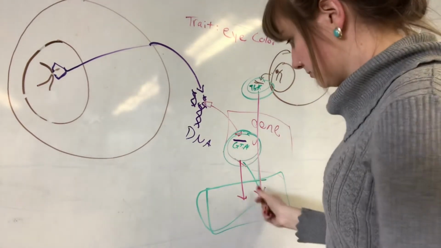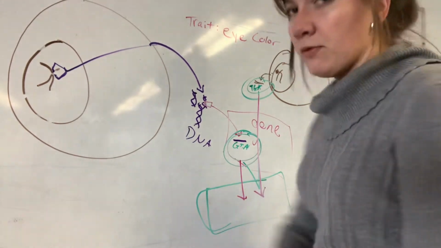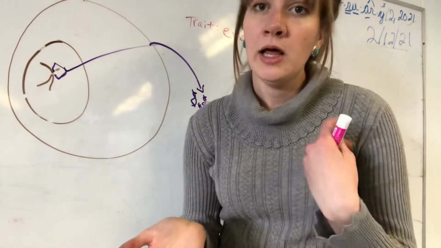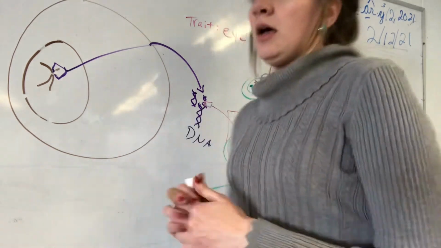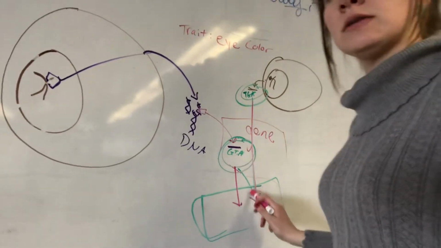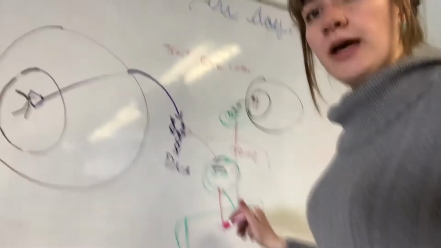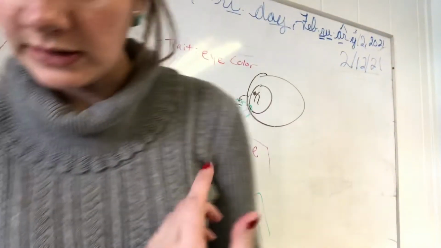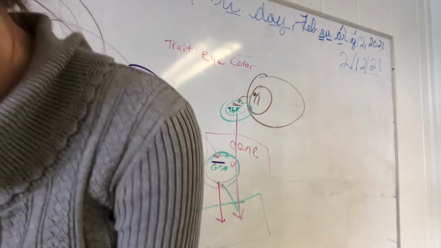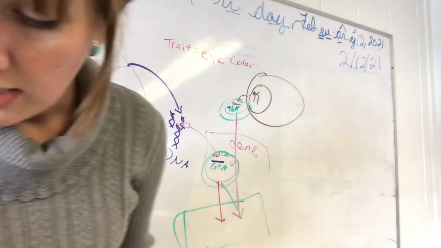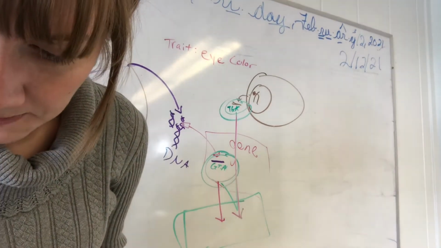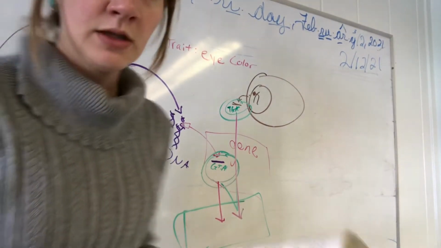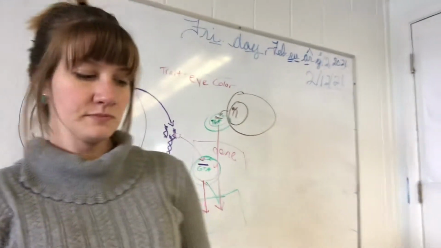You have one allele from one parent and one allele from another. Okay, so that is genes and alleles. Now, I'm going to explain using this book and talk about it one at a time, and maybe this will be helpful too.